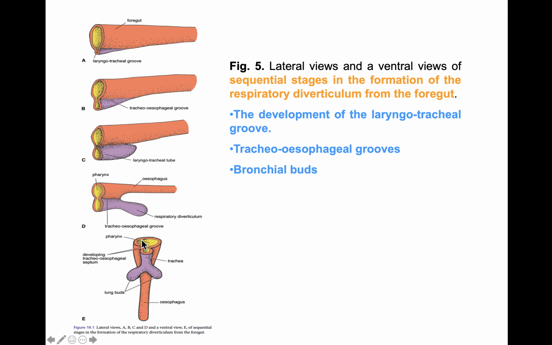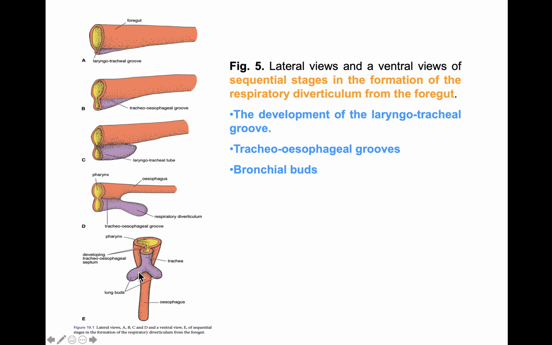As I said, the cranial portion from each tube, this one, the foregut, will result in the formation of the pharynx, whereas the other portion will result in the formation of the larynx. This tube continues to grow caudally as an elongated outgrowth, and this will result in the formation of the larynx and trachea.